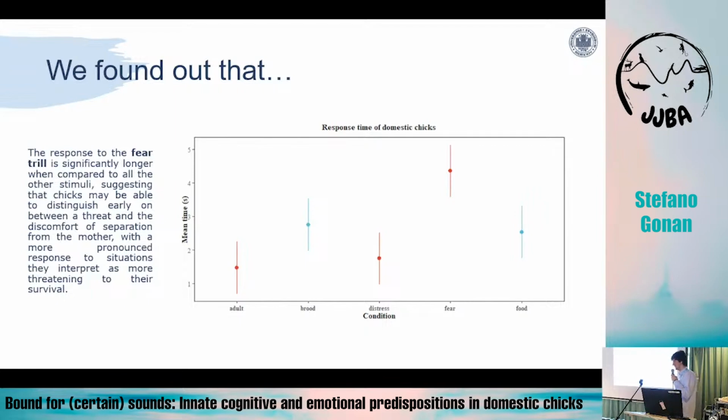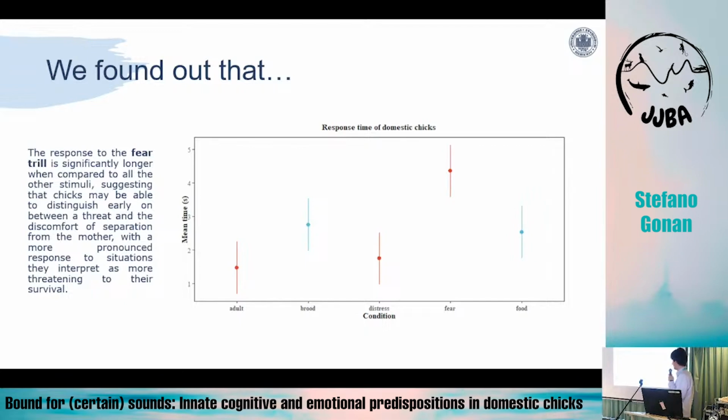And this suggests that maybe the species possesses a sort of innate mechanism to allocate their attentional resources to those sounds that are signaling the presence of a potential threat. And the interesting thing here is also that they seem to ignore the distress call and also the adult cluck.